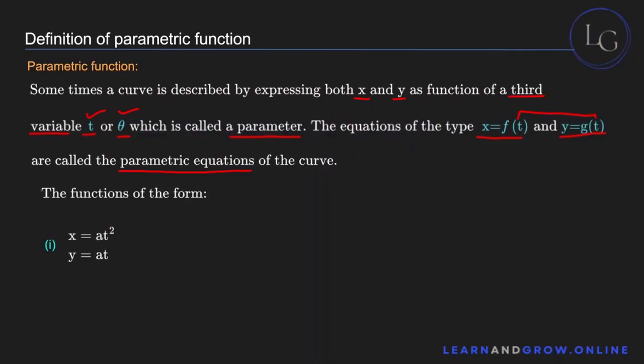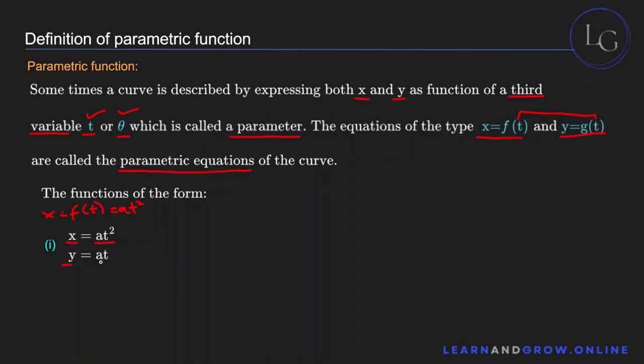So here's an example. x is equal to a t square. So x here acts as the dependent variable and t is the independent variable, and x is now a function of t. So basically x is equal to a function of t, which is equal to a t square, right?